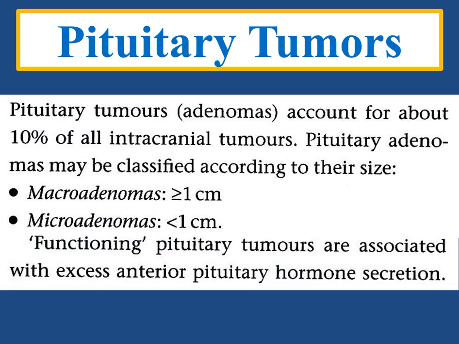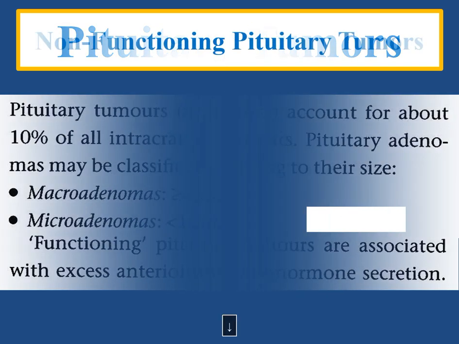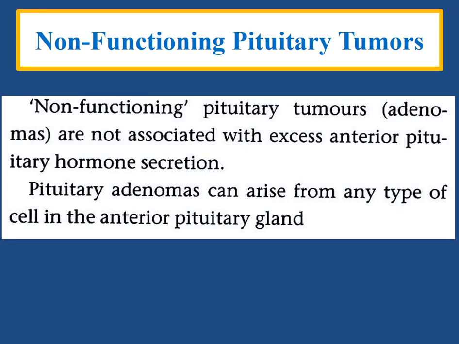Functioning pituitary tumors are associated with excess anterior pituitary hormone secretion. Non-functioning pituitary adenomas are not associated with excess anterior pituitary hormone secretion. Pituitary adenomas can arise from any type of cell in the anterior pituitary gland.